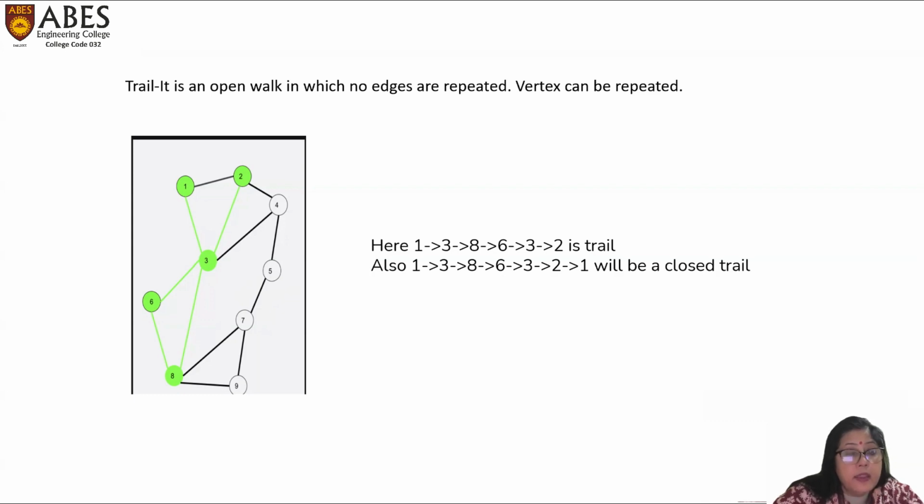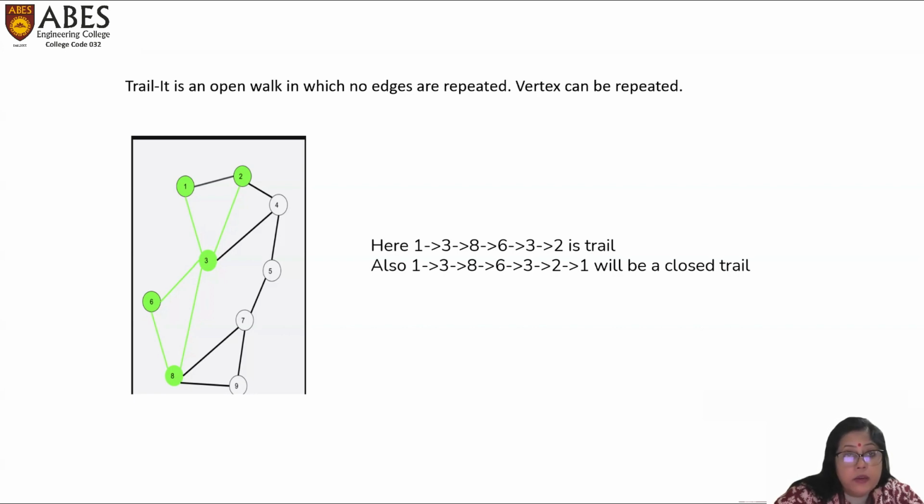Here, in the second traversal, we move from vertex 1 to vertex 3, then from vertex 3 to vertex 8, then from 8 to 6, from 6 to 3, again from 3 to 2, and then to 1 again. So it is called a closed trail.